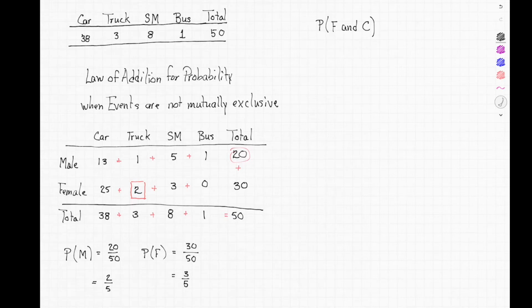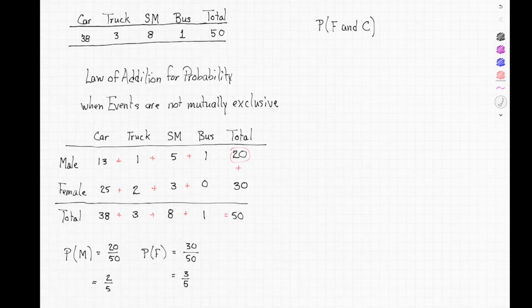Well, this is a much tighter restriction because we can't just pick a female, because some of them drive trucks and some of them drive SUVs.